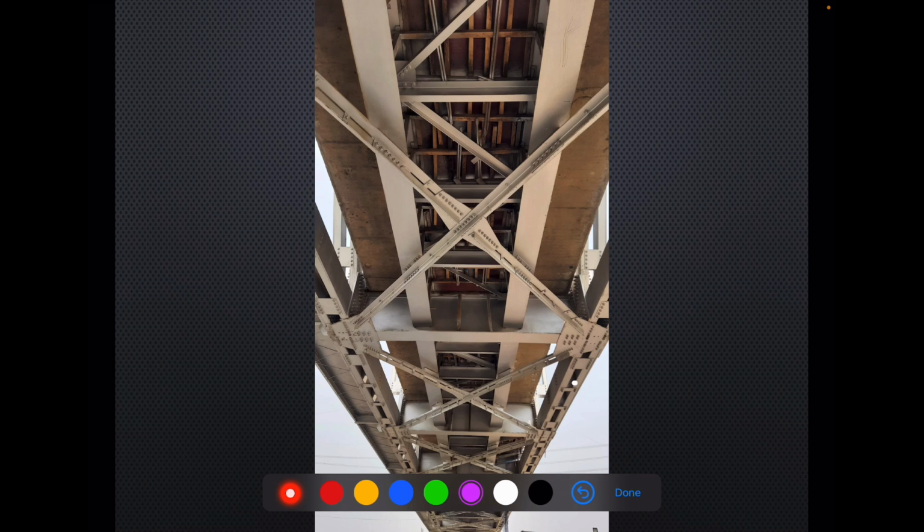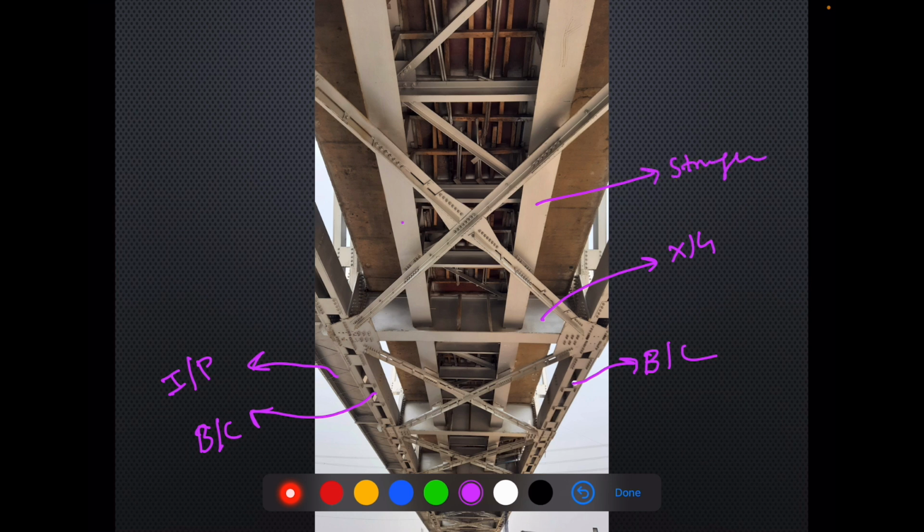So what is visible over here? So this is my bottom chord. This is also my bottom chord. This is inspection platform, clearly visible from bottom. Then what else do we have? This is our cross girder. This is basically stringer. This is also a stringer. These are stringers.